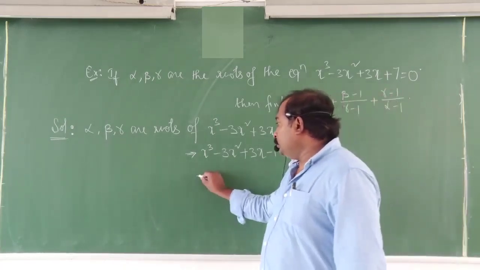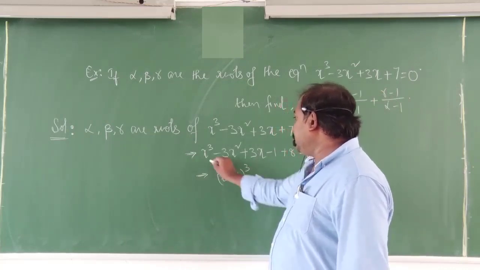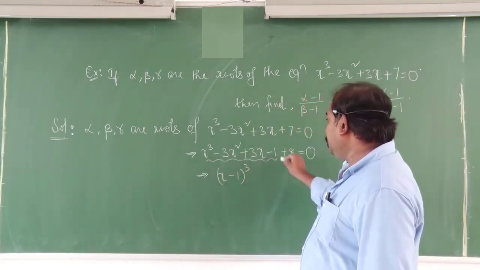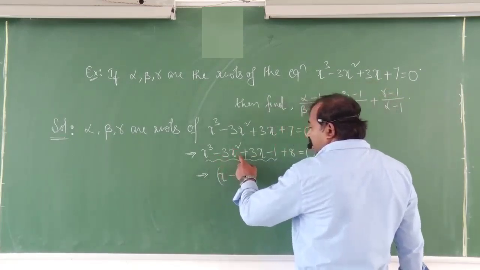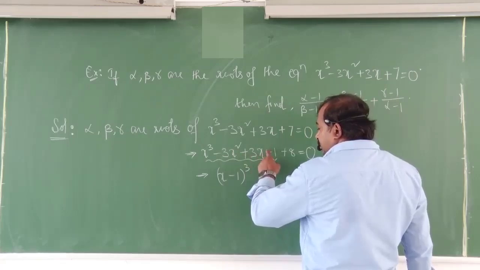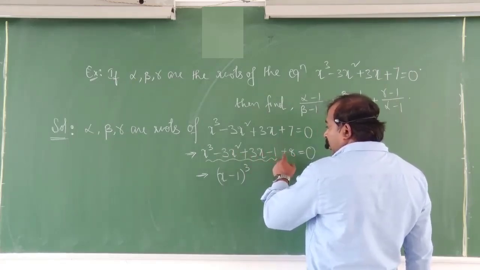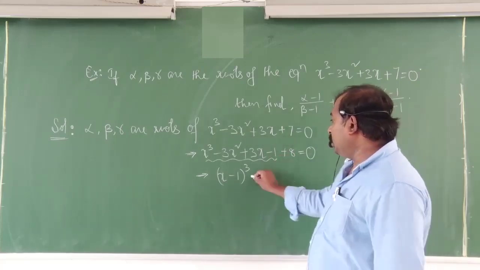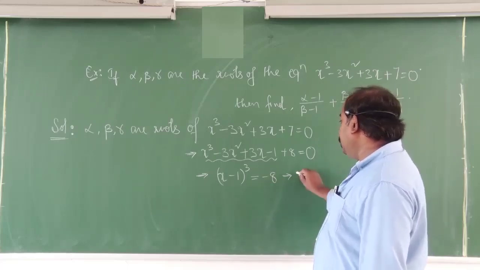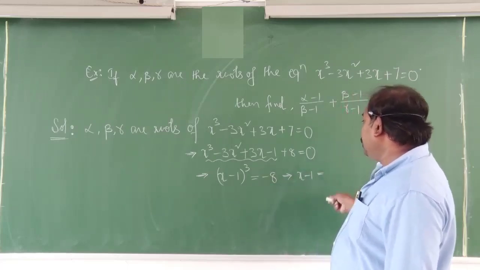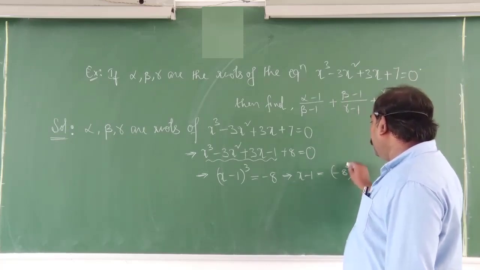And this value, till here if you observe, is a cube minus 3a square b plus 3ab square minus b cube, with 1 meaning I can add 1 cube. That's it. Equal to what is the value? Minus 8. Then x minus 1 is equal to minus 8 whole power 1 by 3.